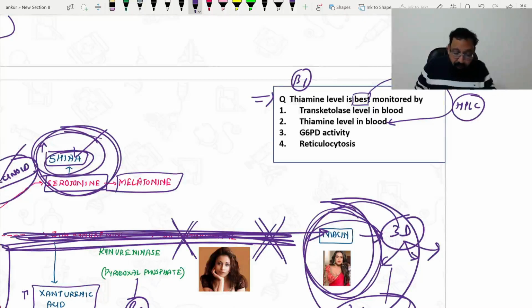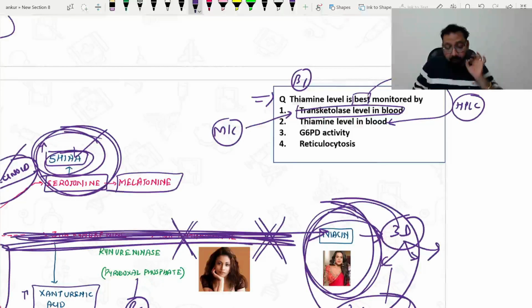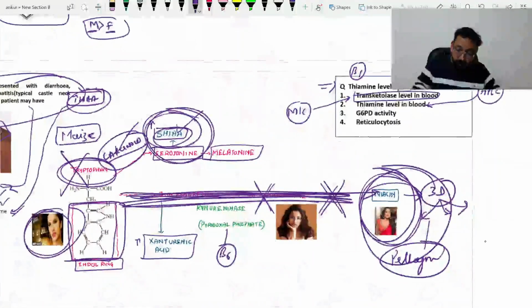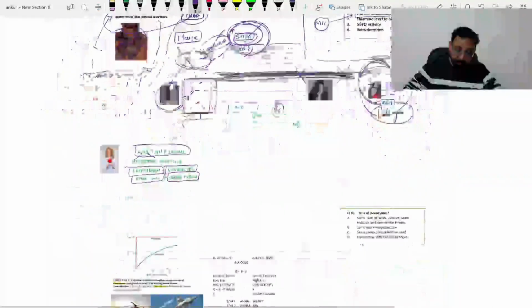Recent update: thiamine status is most commonly measured by transketolase level in blood. Most common question, transketolase. Best method to detect thiamine deficiency is direct measurement of thiamine level in blood. Got the point? Both questions have been asked recently.